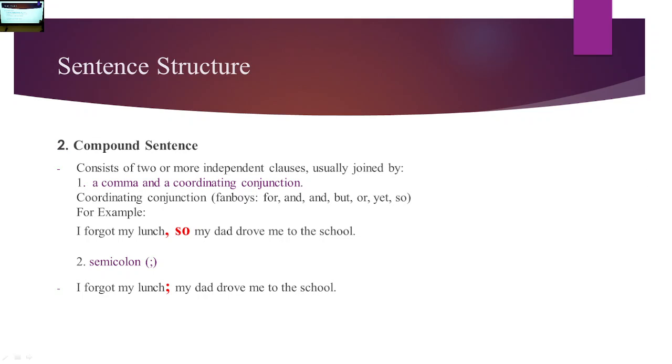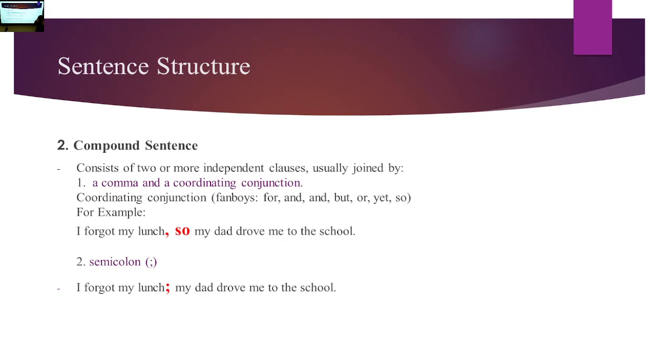The second sentence structure is the compound sentence. If you remember, simple sentence, one independent clause. Compound means two or more, right? So compound sentence, you have two independent clauses, okay?